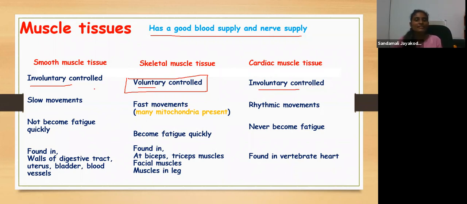And then when we look at the speed of their movement, smooth muscle tissue moves very slowly. Sometimes they are just rhythmic movements in our stomach. We feel hungry when there's no food in our stomach, because our stomach is moving very slowly to digest, for the mechanical digestion, actually, to break down food into small parts.